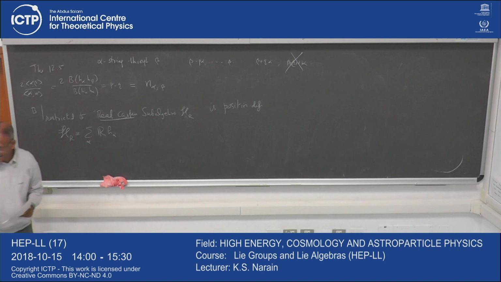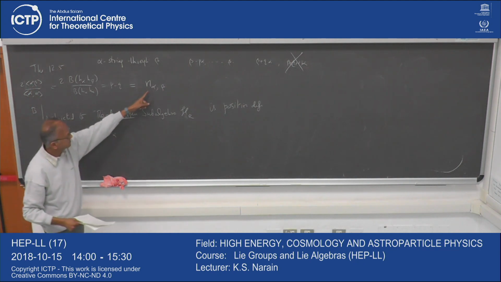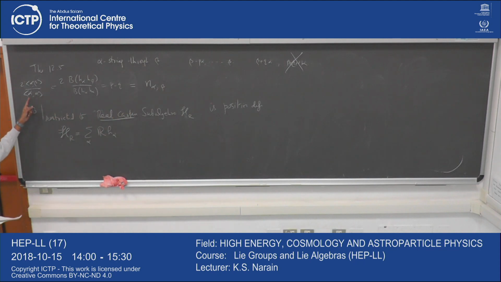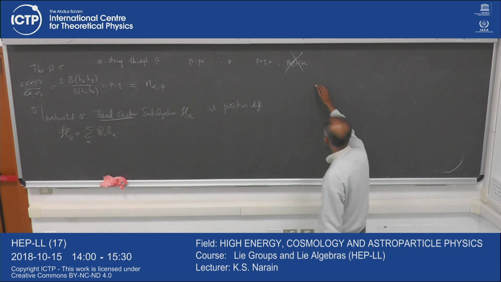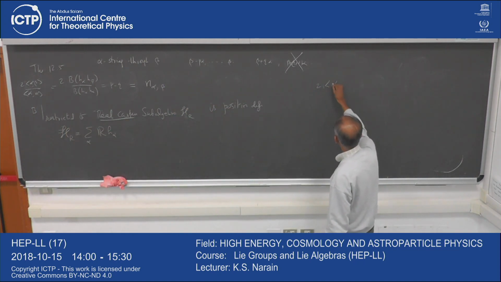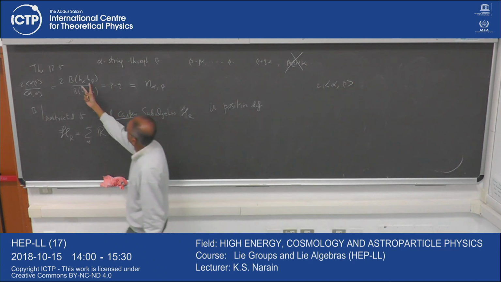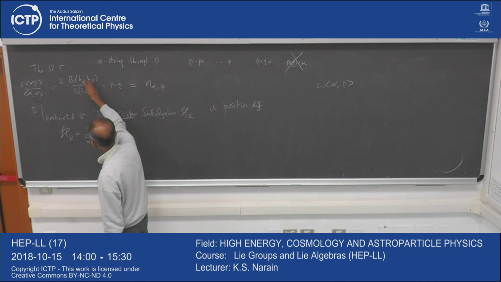Notice that this is not symmetric in alpha and beta, because while the numerator is symmetric, the denominator is not. The first index means it is the alpha in the denominator. If I exchange alpha and beta, the numerator is the same, because b of h alpha, h beta is symmetric in these two.